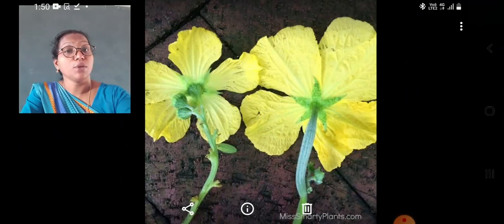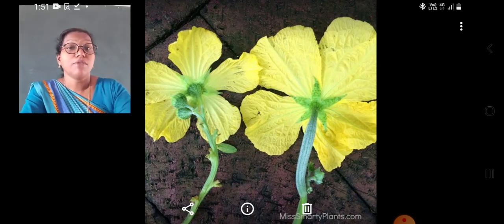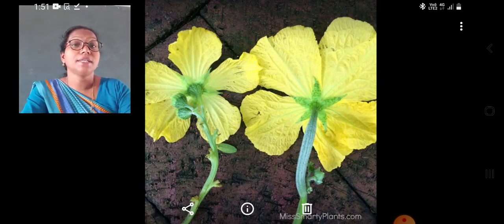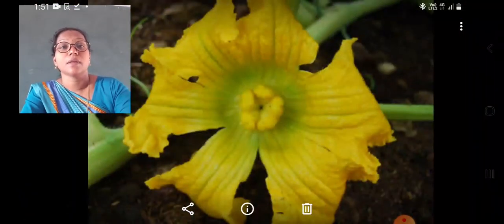In this diagram you can see the male and female flowers of the bottle gourd, that is the gilki. In gilki, the male flower having stamens and female flower that is having the carpel or the pistil. That means the female flower is having the ovary, style and stigma, not containing any stamens.